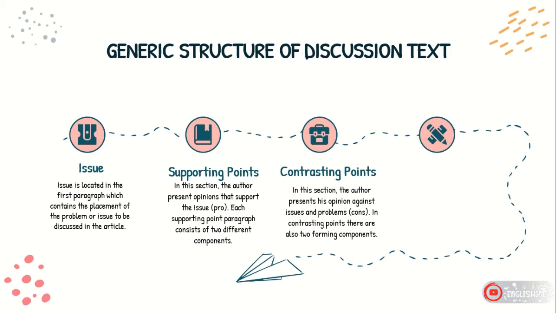And then there is a contrasting point. In this section, the author presents opinions that oppose the issue or problem. As in the supporting point paragraph, contrasting points are also broken into two forming components, that are the main idea of the paragraph and an elaboration or description of the main idea of the paragraph.